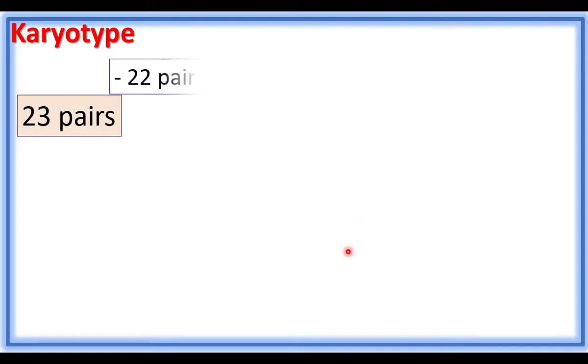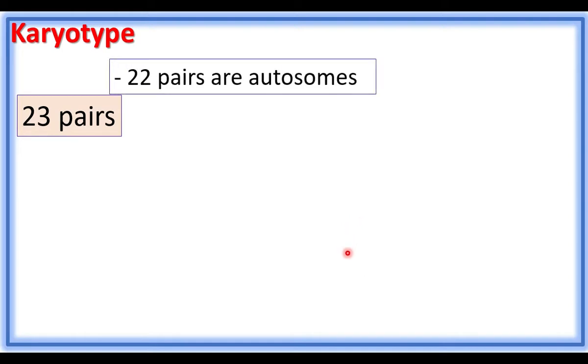Karyotype refers to the number, length and shape of the chromosomes. The number of chromosomes of a species is constant. We have 46 chromosomes. In chimpanzees there are 48 chromosomes. Chromosomes occur as pairs. 22 pairs are autosomes in human beings.